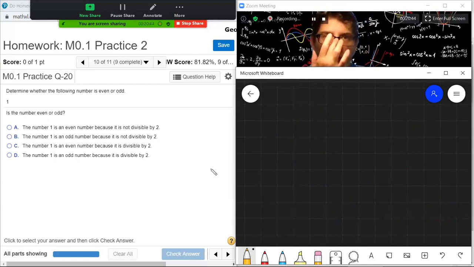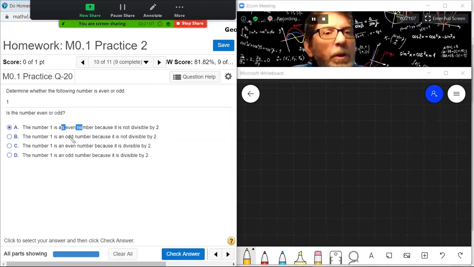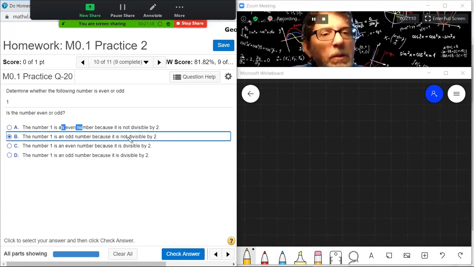Okay, so we have one more question to do, or 2 more questions. This says determine whether the number is even or odd. Well, I just erased that list, but 1 is an odd number. So let's see if we can pick the right choice here. The number 1 is even. Nope. It's an odd number. The number 1 is an odd number because it is not divisible by 2.